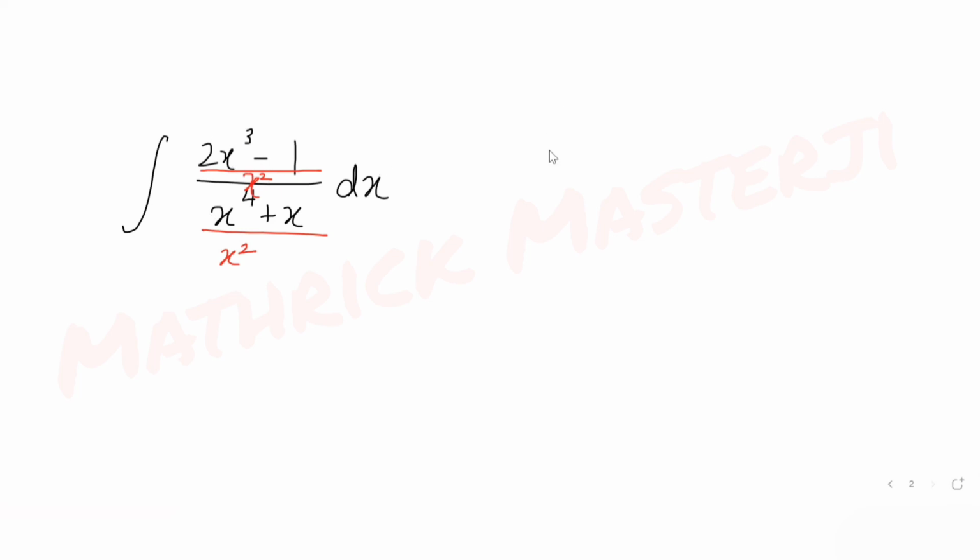So I am dividing both my numerator and denominator by x square. What does the equation then become? It becomes 2x cube upon x square, that is x, minus 1 over x square, that is x raised to minus 2, upon the denominator, which becomes x square plus x over x square, that is x raised to minus 1.